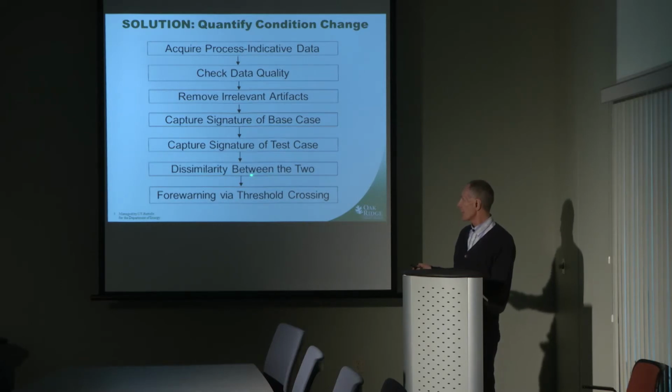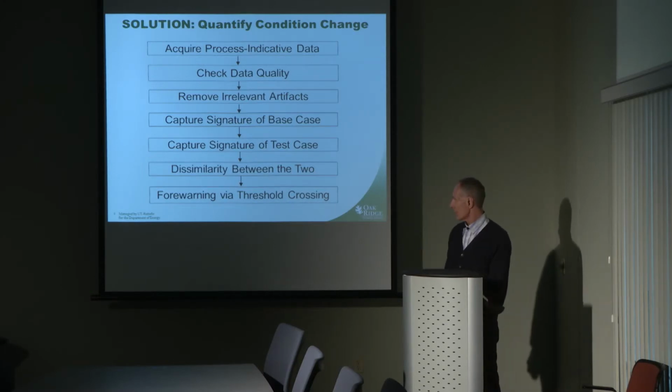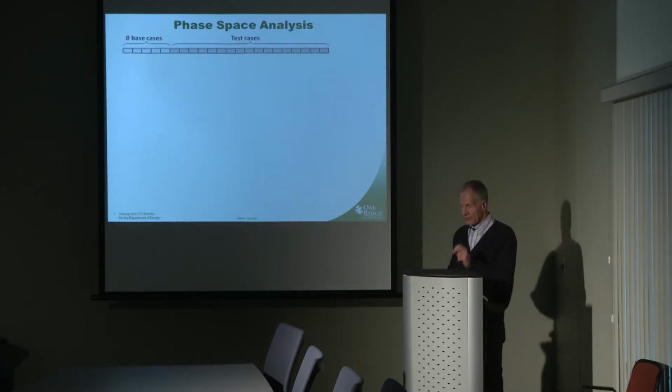This is based on theorems, which I'll explain. And we then can indicate forewarning by threshold crossings in these dissimilarity measures, several successive occurrences of those dissimilarity measures above a threshold.